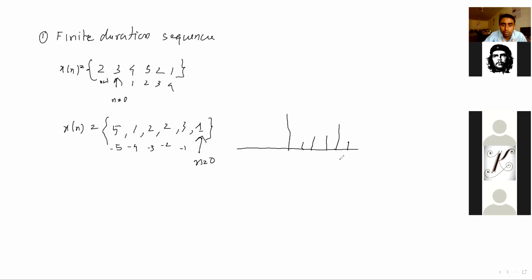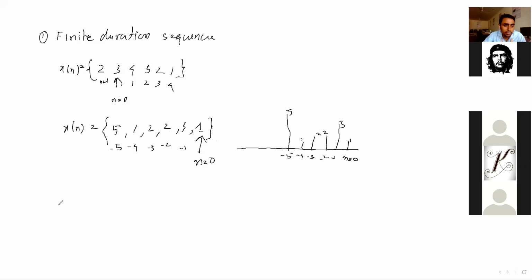This is for n equal to 0, then 1, 2, and -1, -2, -3, -4, -5. You can also show the amplitude here. If an amplitude is -5, then we have to show it below the x-axis, the time axis.